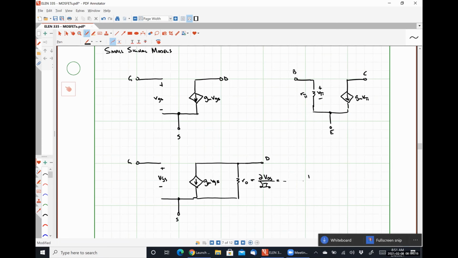So that's just going to be 1 divided by 1/2 mu n Cox W over L (VGS minus VTH) squared times lambda, or in a much simpler expression, 1 over lambda ID.